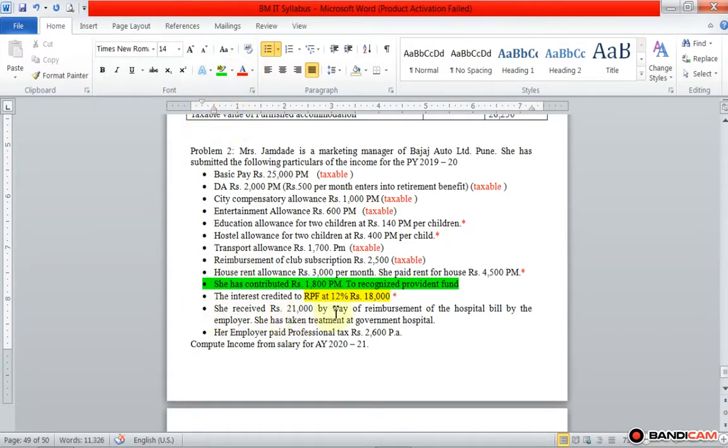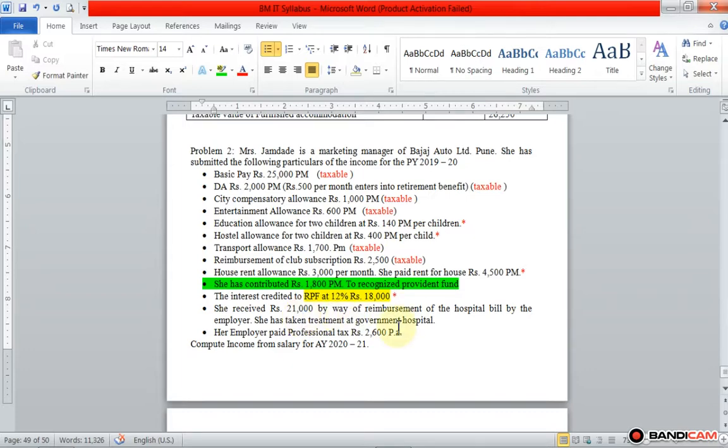Then she received rupees 21,000 by way of reimbursement of hospital bill by the employer. So the employer reimbursed the hospital bill of Mrs. Jamdade amounting to rupees 21,000, and Mrs. Jamdade has taken treatment at a government hospital.